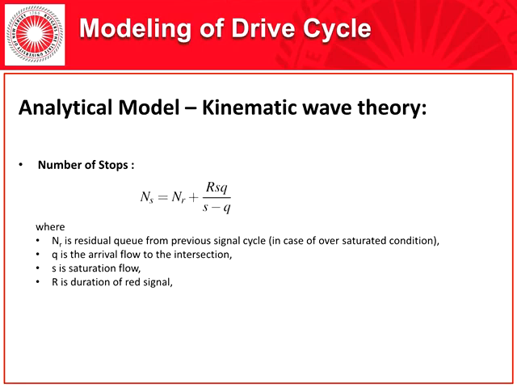Here is the equation that we have used to estimate the number of stops, where Q is the arrival flow to the intersection, S is the saturation flow, and R is the duration of red signal. If the intersection is oversaturated during a signal cycle, the number of vehicles in the residual queue from the previous signal cycle will be applied.